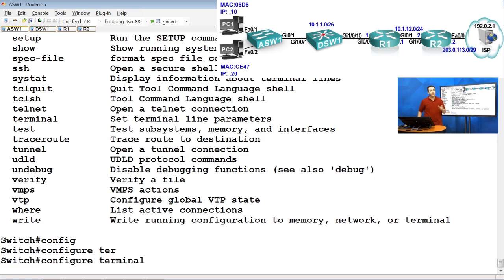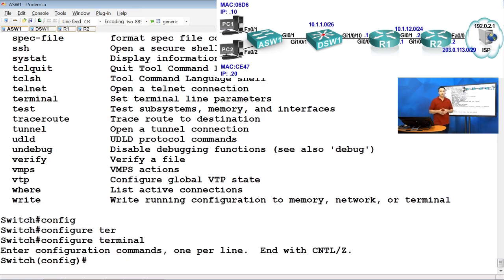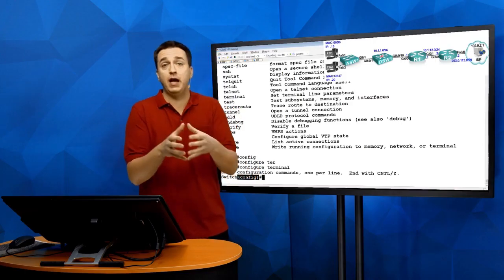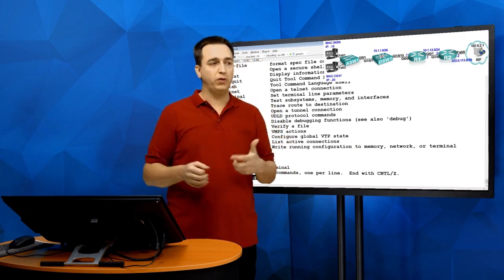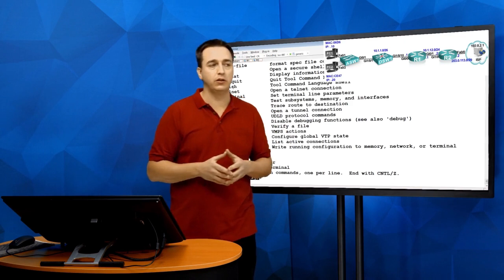So I type in configure terminal to get the global configuration mode. And I know I'm in global configuration mode because we see in parentheses here the word config beside the host name. Now notice that we still have the pound symbol there. Why? Because we still have our elevated privileges, privilege level 15 in this particular case.